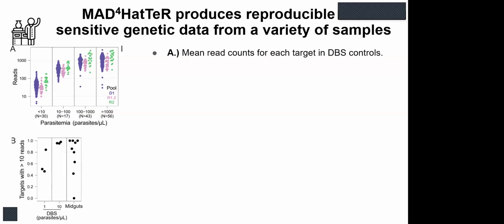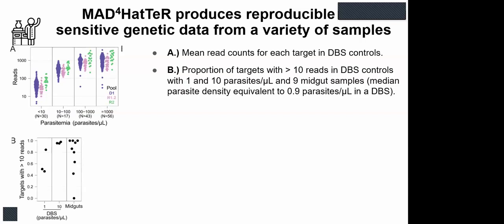So if you look at the second graph there, it shows the proportion of targets with more than 10 reads in the DBS, which is dry blood spot controls. So the first column has 1 parasite per microliter, and the second one has 10 parasites per microliter. And the third one is midgut parasites.